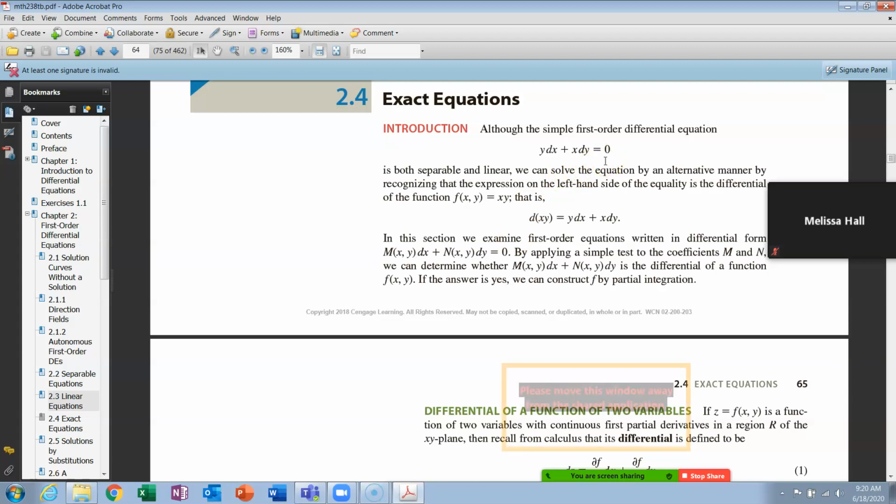Now, these exact equations, this differential form you have on the left has to be equal to 0 on the right. That's a key, okay? And just like we said here, this thing has to turn out being a constant function. Now, don't get too bent out of shape on that.